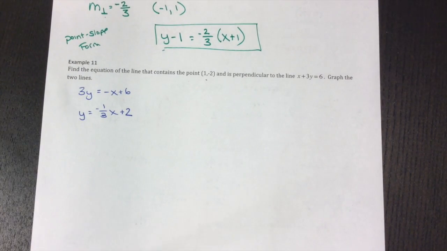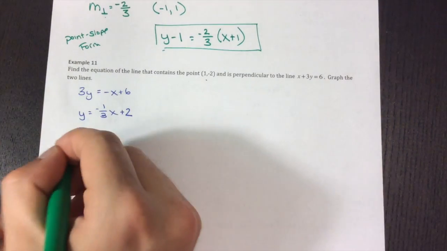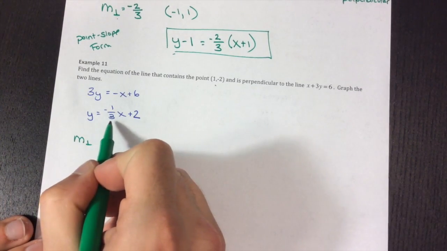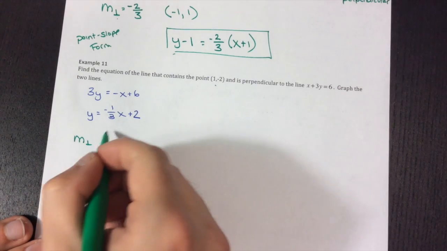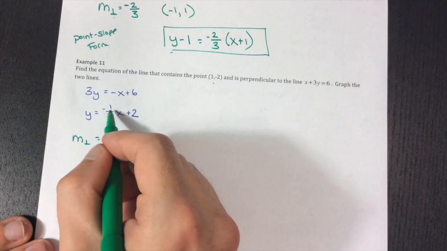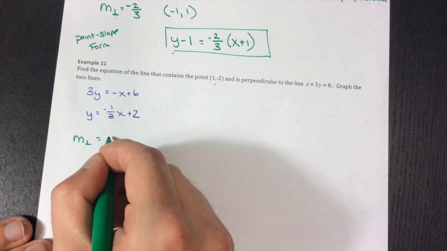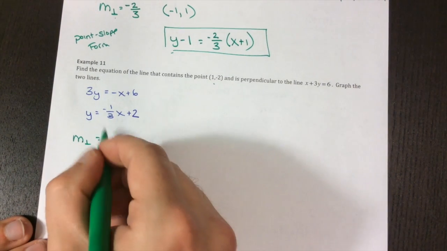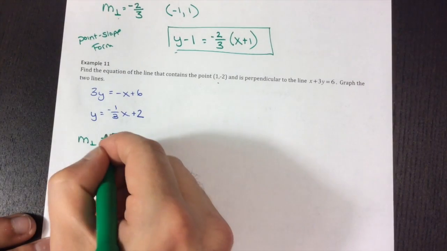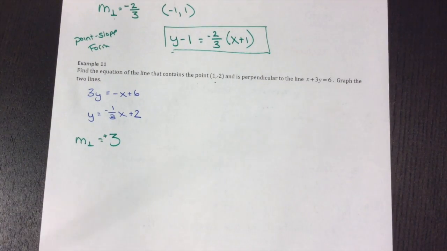Okay, so in green, for my perpendicular slope, I want the opposite reciprocal of -1/3. So the opposite reciprocal is, instead of 1/3, it's going to be 3, and then I'm going to make it opposite. So my slope is going to be +3. And just as an emphasis, +3.